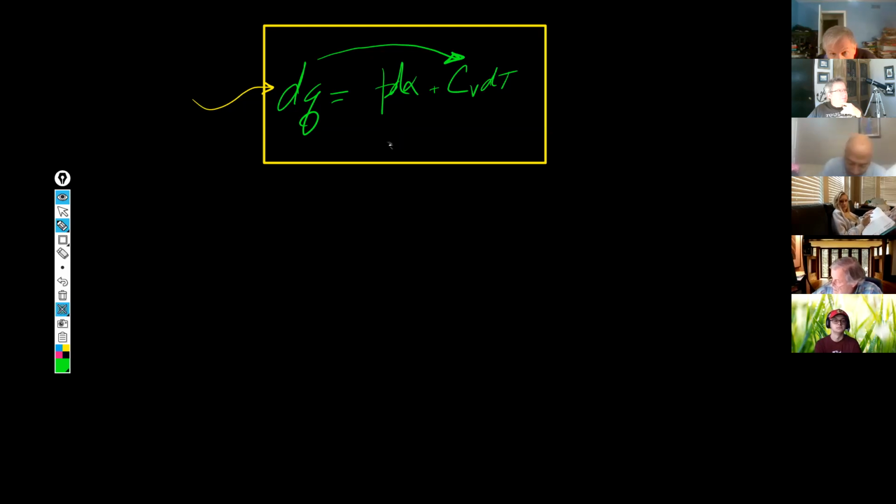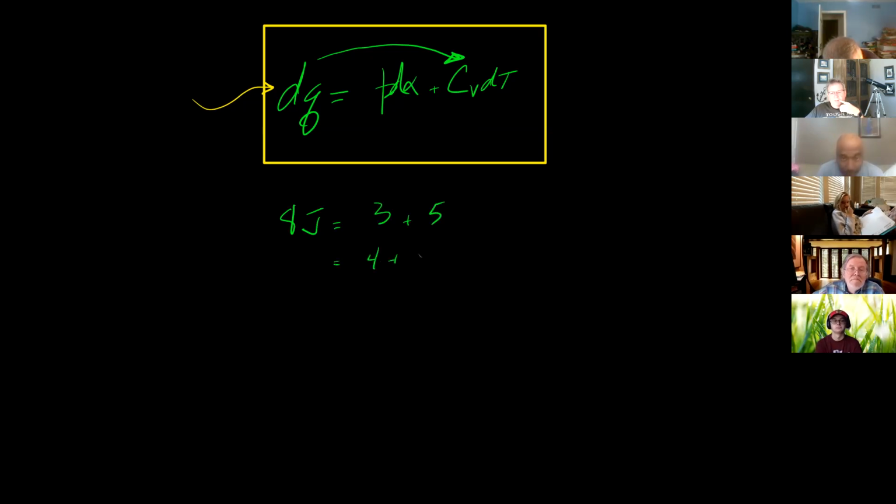Have you ever thought why? I mean, here, let's imagine that I'm adding 8 joules of heat. Do you realize it could be 3 plus 5, or it could be 4 plus 4, or it could be 5 plus 3?